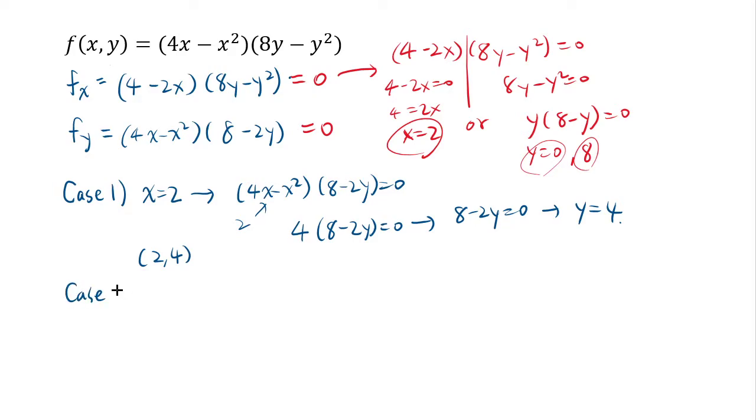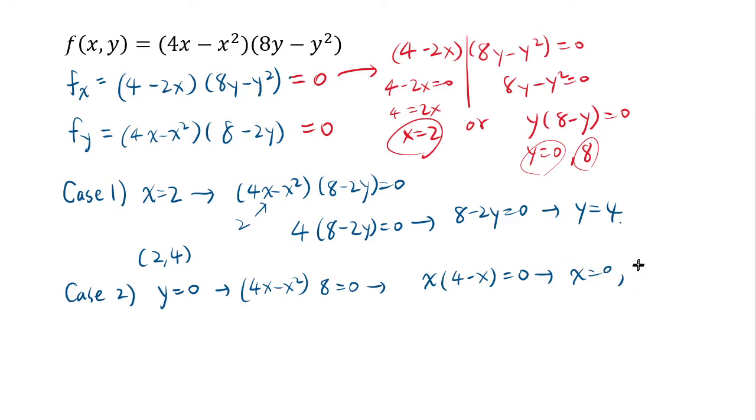Now, case 2, if you set y as 0, that's going to say that the first equation will be true with y being 0, so it's going to be (4x - x²) times 8 equal to 0, which gives you x(4 - x) times 8 equal to 0, but 8 is non-zero, so you just need this, which gives you x equals 0 and x equals 4.